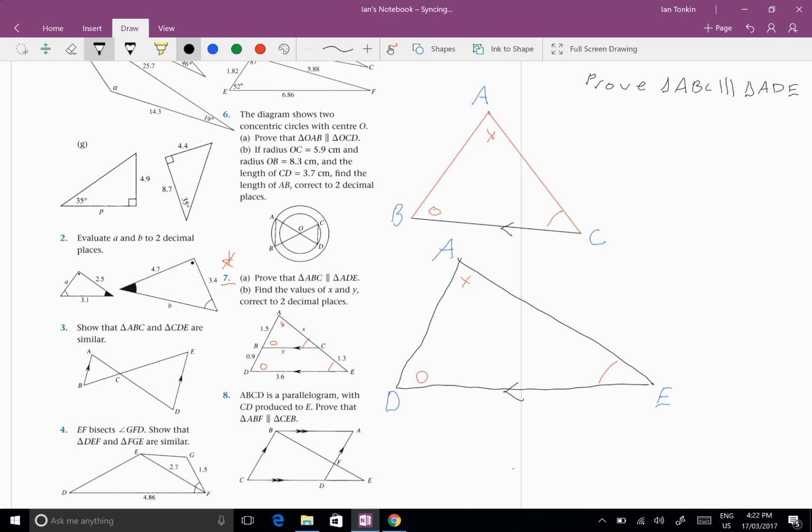We just write everything about the triangle ABC on the left and everything about the triangle ADE on the right. So angle BAC equals angle DAE. Well, it's the same angle, so I'm just going to write it's common.